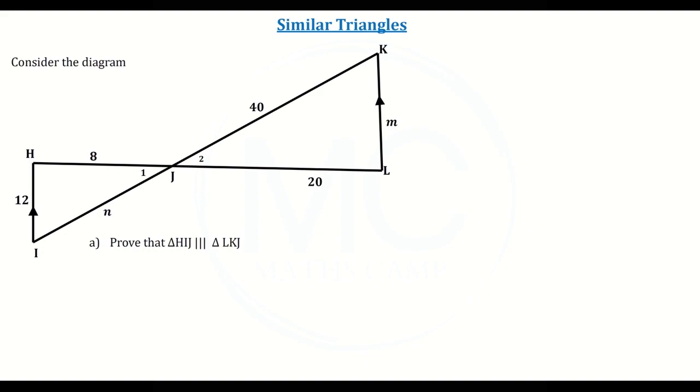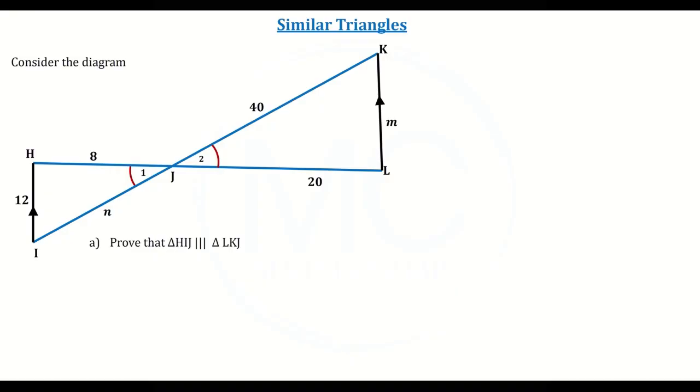The first thing we can notice is that HL crosses IK at J. This shows us that angle J1 and angle J2 must be equal because they are vertically opposite angles. So let's mark angle J1 and J2 in red. Now we can make a statement and give a reason.